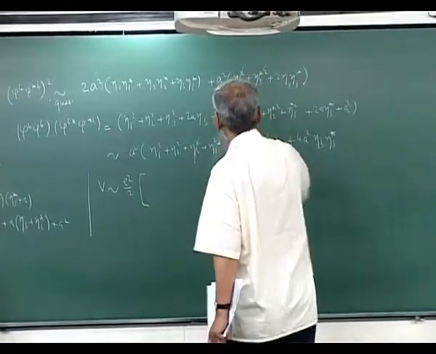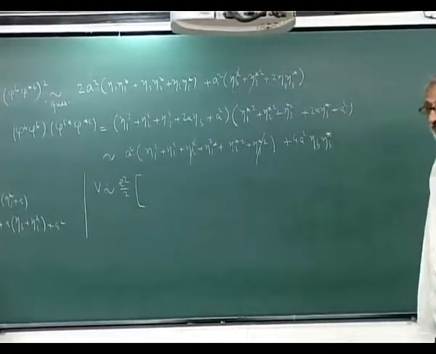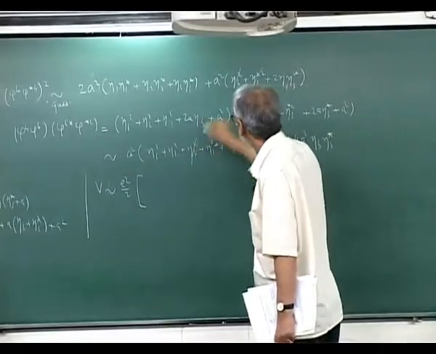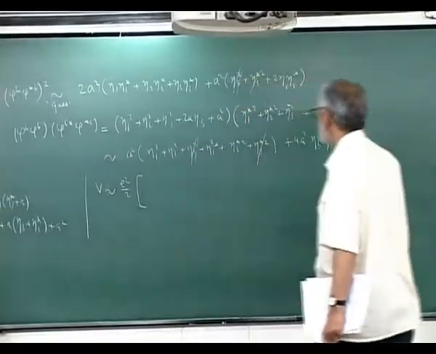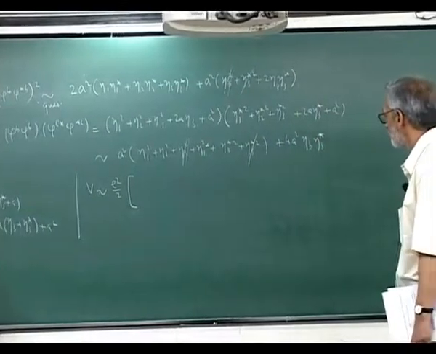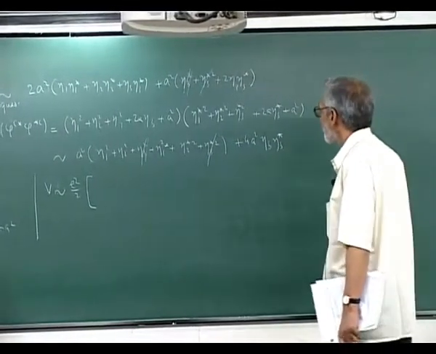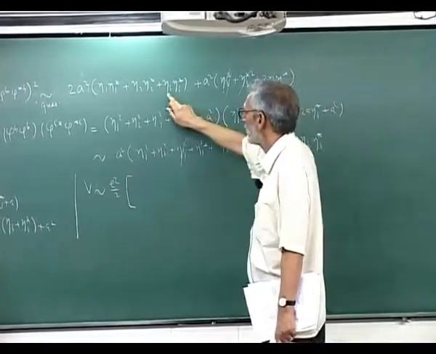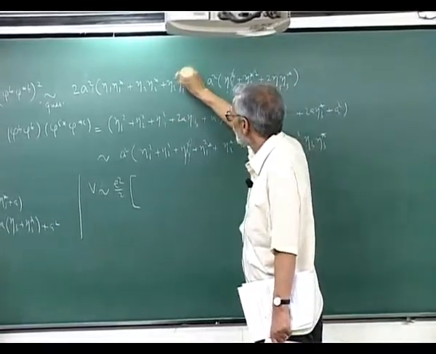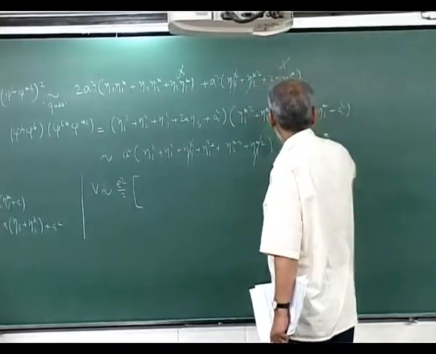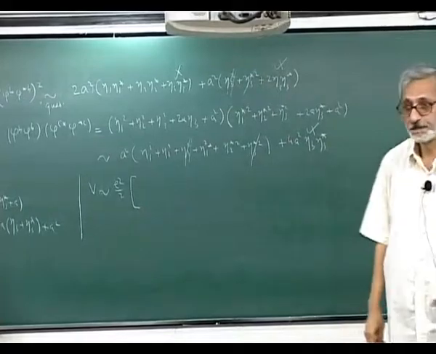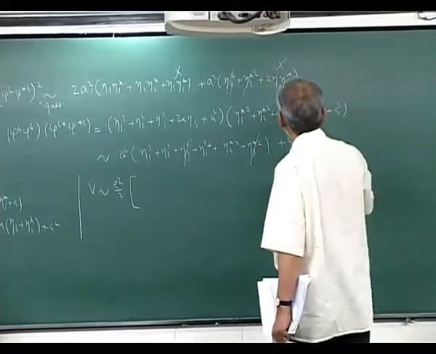This goes with this. Now there is 2 eta 3 eta 3 star here and 2 eta 3 eta 3 star here. So this and this cancels this. So done.